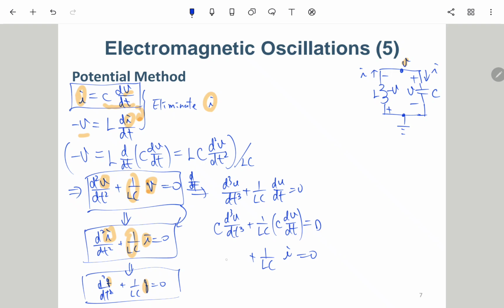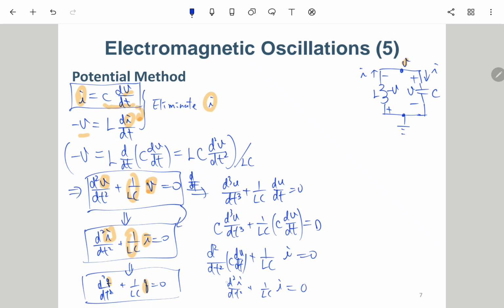So it turns out to be something like d²/dt² of C dv/dt. We just put the C inside, but leaving one derivative there. So this one is also an I, so it turns out to be d²I/dt² plus 1 over LC times I.